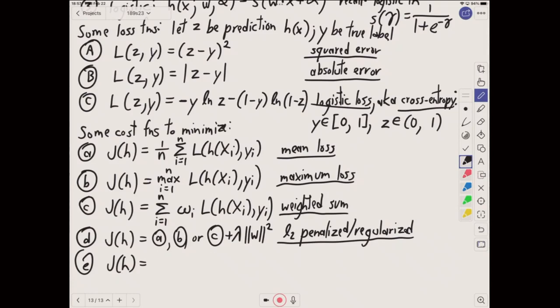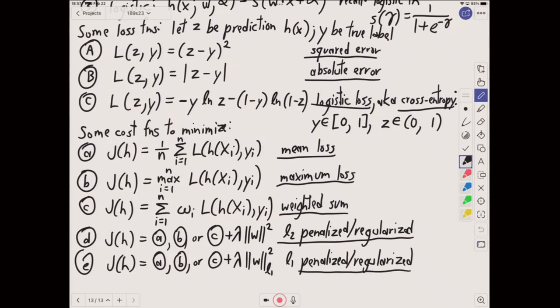And it's also quite popular to use not the L2 norm, but the L1 norm. If we use that in our penalty term, then we call this an L1 penalized or an L1 regularized method. And we'll be talking about those last 3 lectures from now, I think.